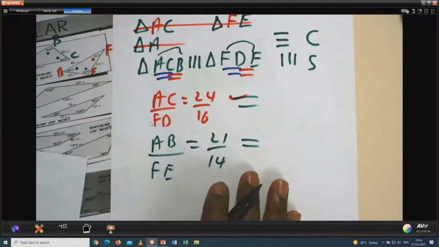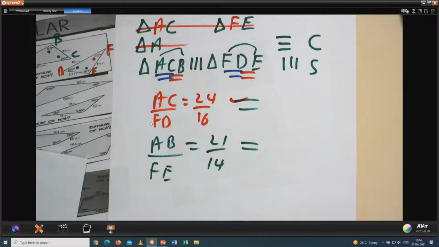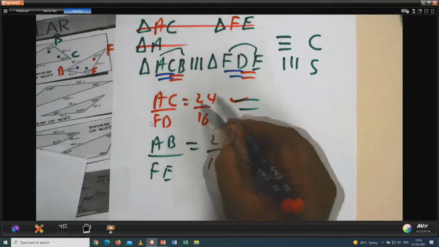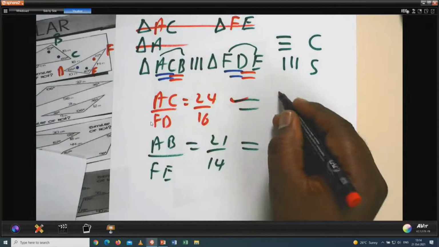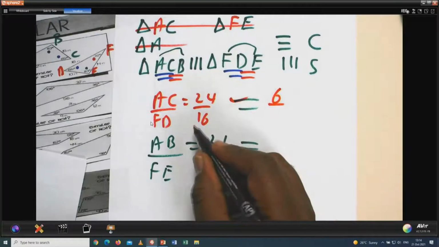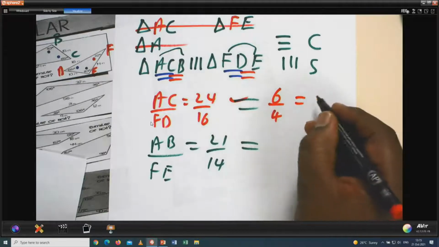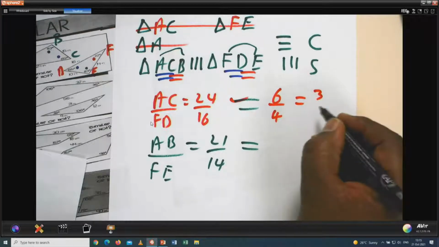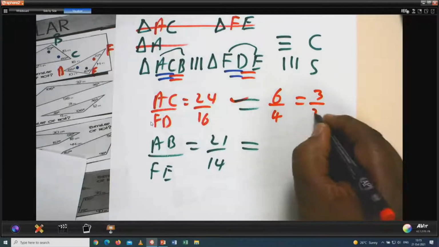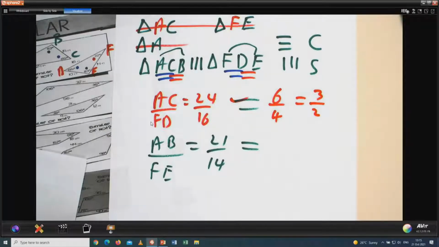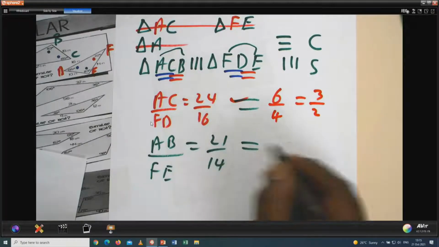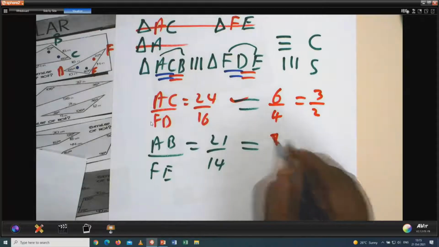Mathematics, your fractions are coming back again. You see now, mathematics is a relationship subject. How many 4s in 24? 6. How many 4s in 16? 4. How many 2s in 6? 3. How many 2s in 4? 2. How many 7s in 21? 3.